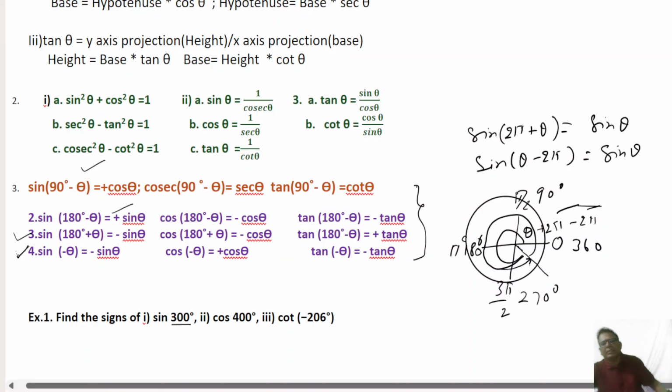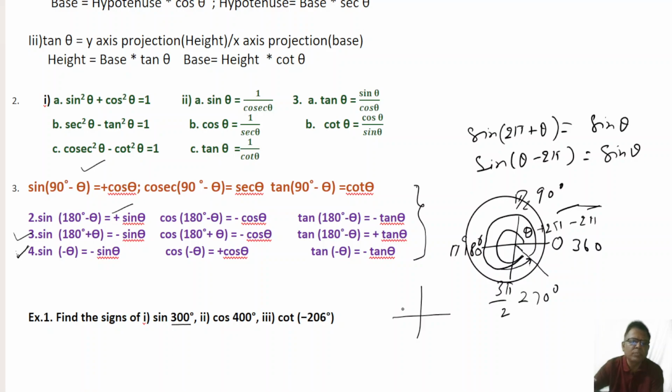So you can add or subtract a multiple of 2 pi in the angle of any trigonometrical ratio, and the value will remain the same. This is a very important concept that you should remember. Now come to the question.